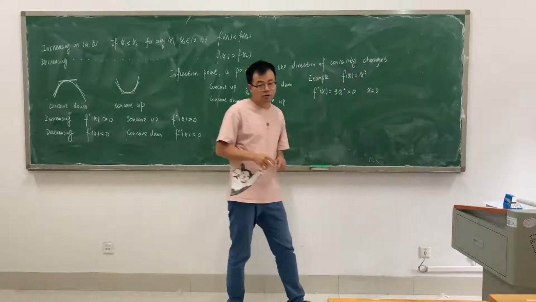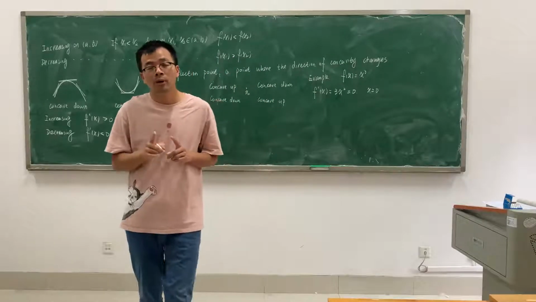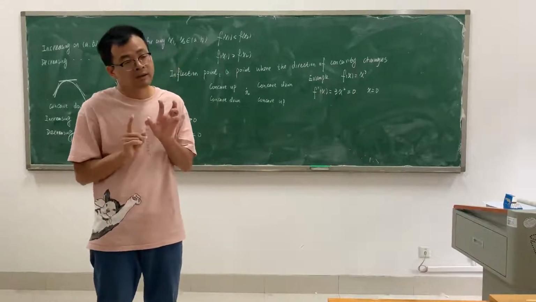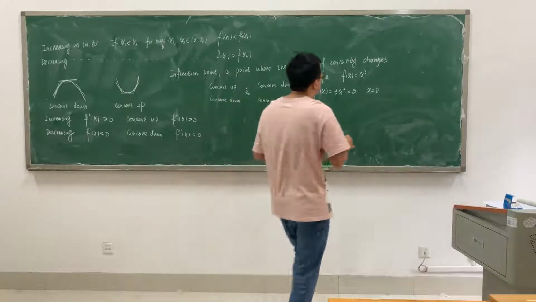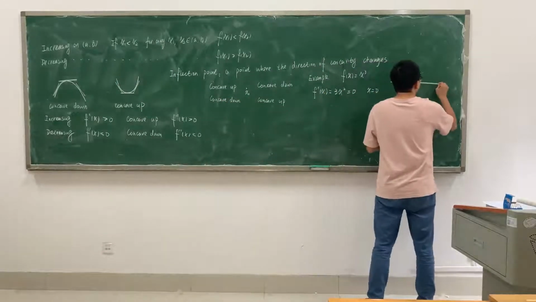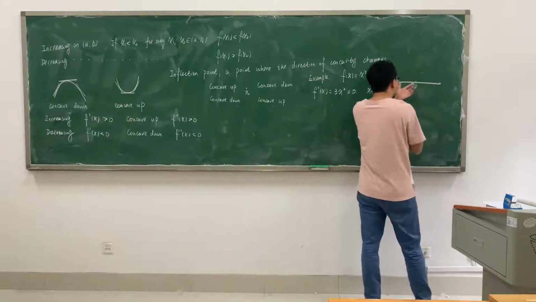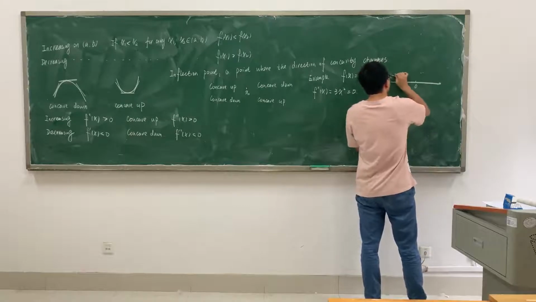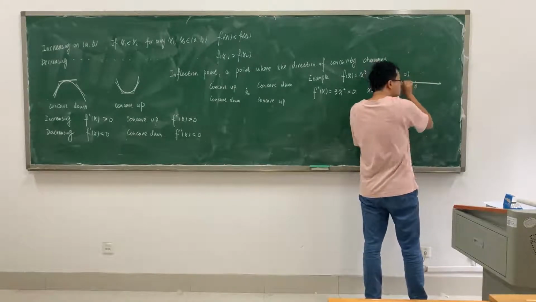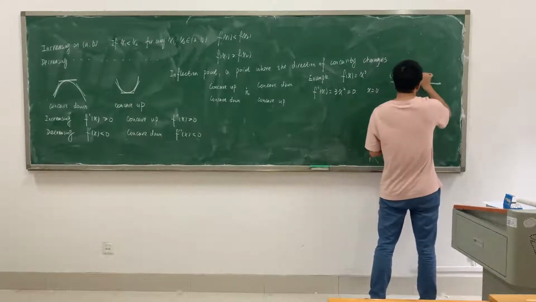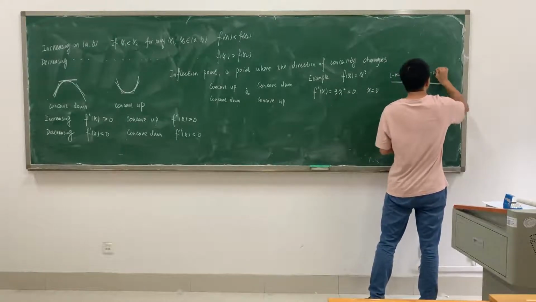So the point 0 gives us two parts. The first is the left interval, minus infinity to 0. The second is 0 to plus infinity.